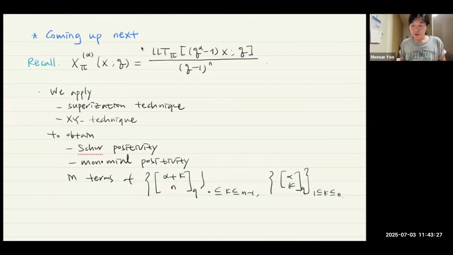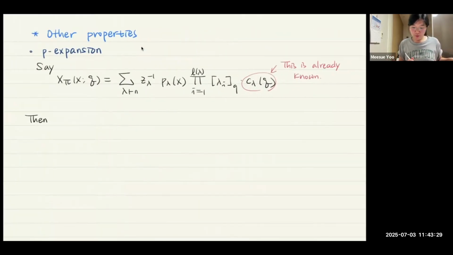But for the rest of my time, I'm going to show some other properties. So we obtained the p expansion of this alpha chromatic symmetric function, which is quite easy because of the nature of the definition, that we use the plethystic substitution. So that can be easily obtained from the p expansion of the original chromatic symmetric function.